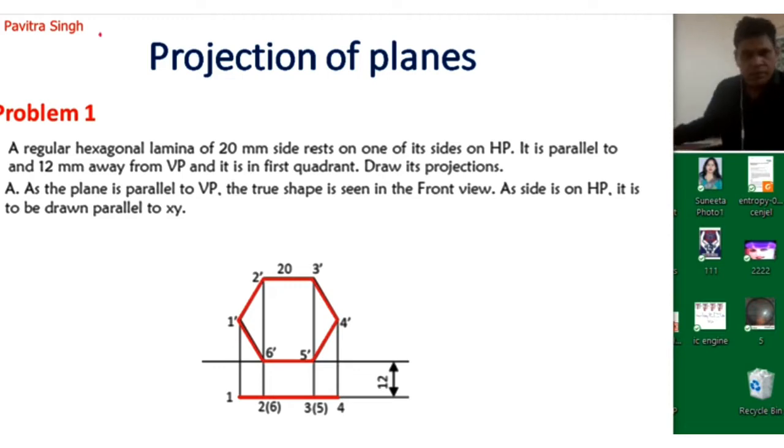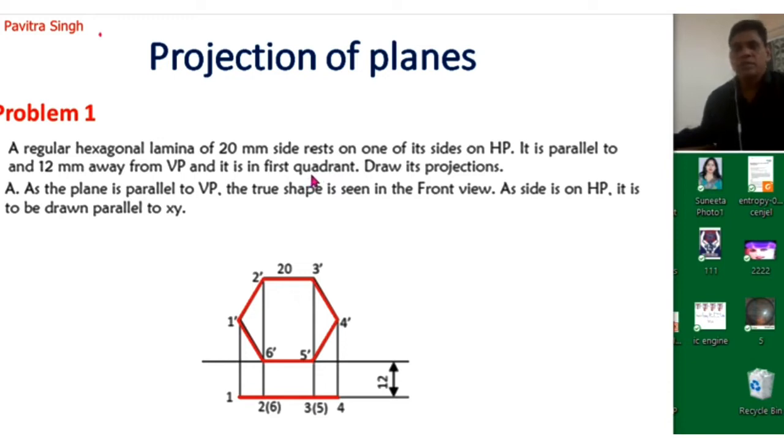In this problem, it is given that a regular hexagonal lamina of 20 mm side rests on one of its sides on the horizontal plane, and it is parallel to the vertical plane, and it is 12 mm away from this vertical plane, and it is in the first quadrant.